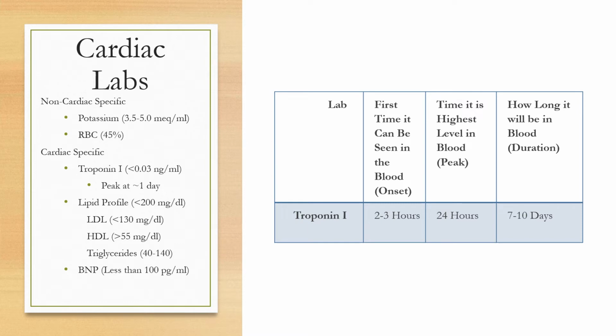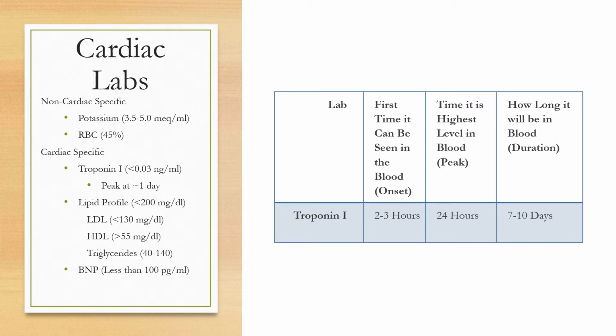But that's not specific. So a low hemoglobin doesn't tell you anything about the heart. Potassium. We like to see the potassium's in the normal range. Why? Because a high potassium can cause very dangerous cardiac rhythms. And we'll talk about that in another module.